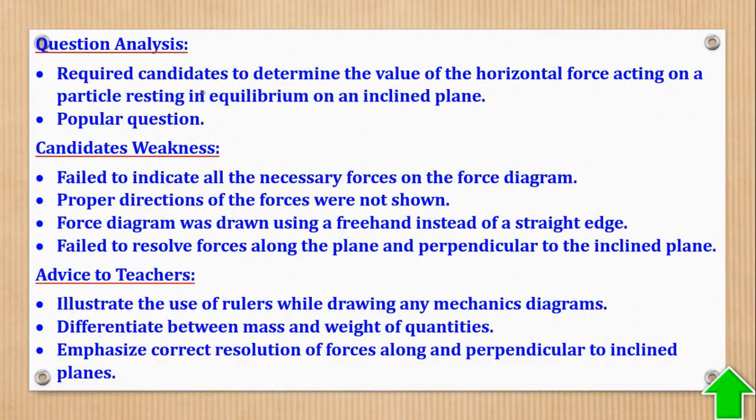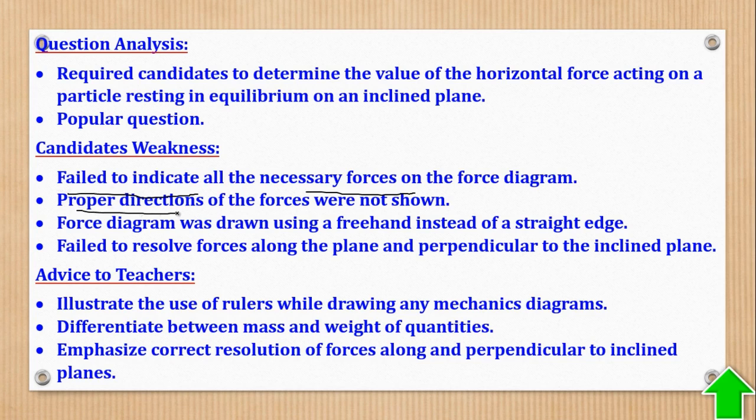So the question required candidates to determine the value of the horizontal force acting on the particle resting in equilibrium on an inclined plane. The weakness is that candidates fail to indicate all the necessary forces on the diagram. So all the forces must be shown: the horizontal force, weight, and the friction.